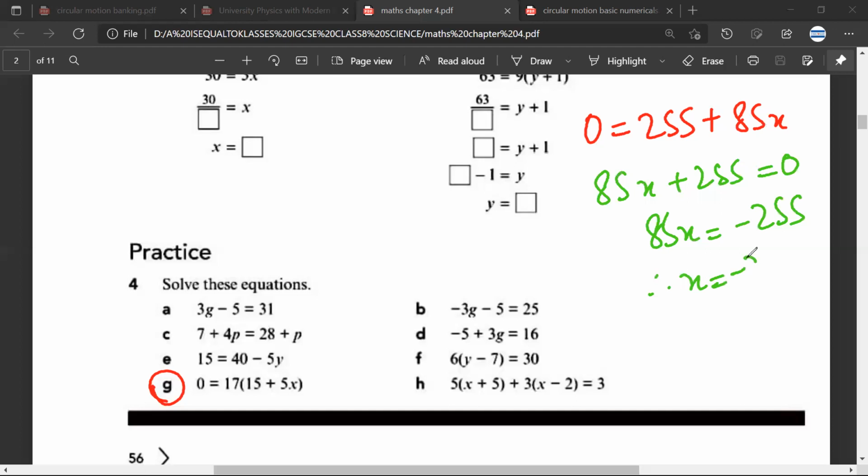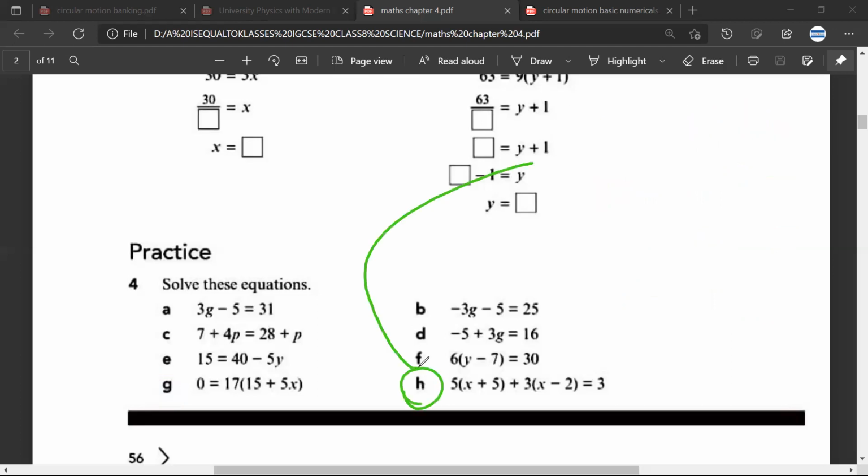Therefore, x is equal to minus 3. Satya, have you understood? Yes, sir. But there are a few students who will find this complicated. They will think that if you have changed sides, then you need to change the signs also. So whatsoever you are comfortable with.